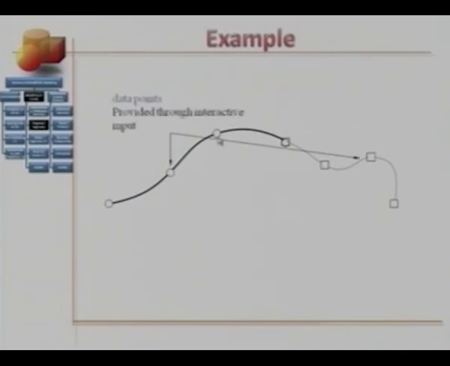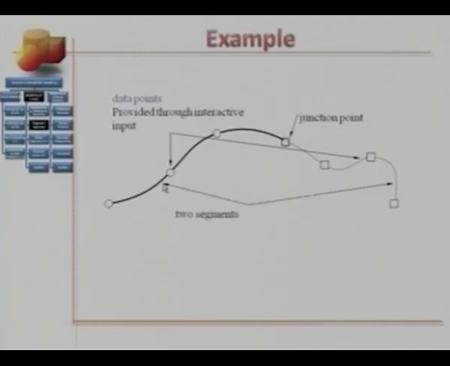These are the data points specified through interactive input by the user. A user may also want to call them the design points that would roughly depict the shape of each segment of a curve and therefore the entire curve. This point here is the junction point, and it's common to the segment on the left and the segment on the right.